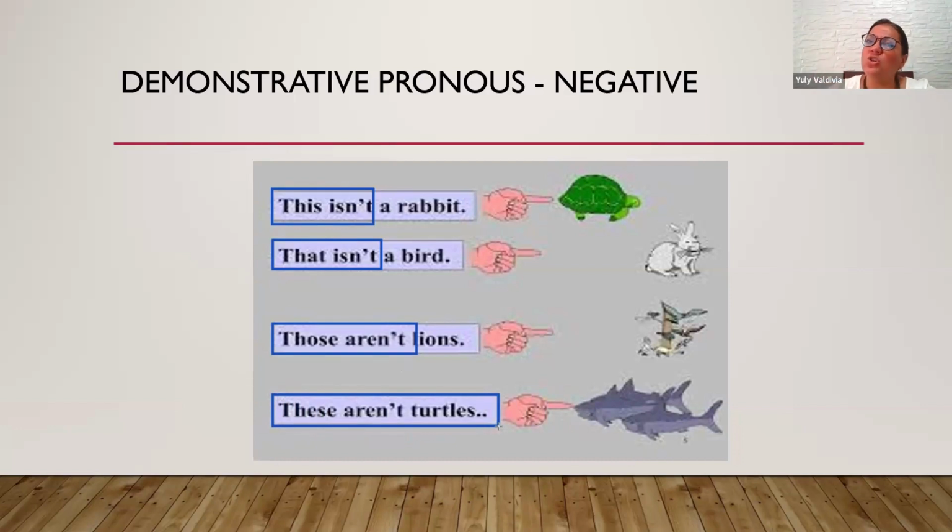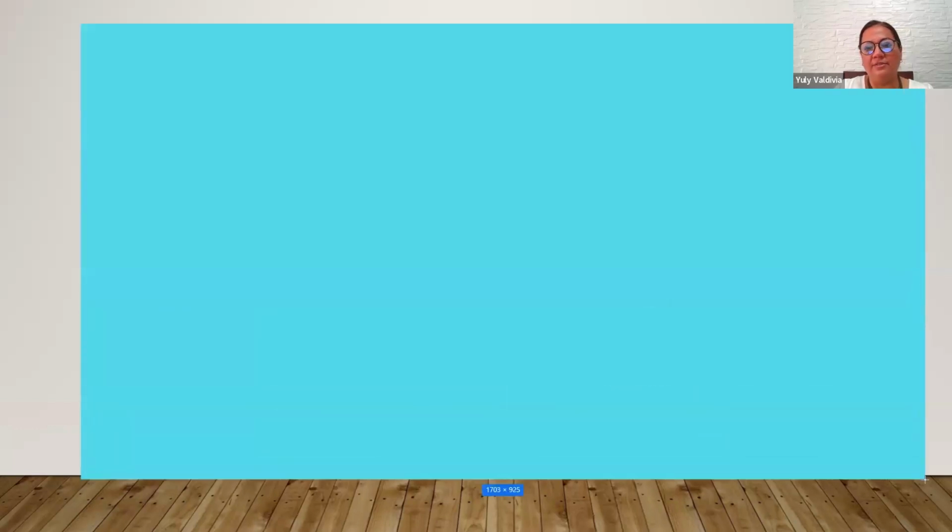So we also have the negative form. What about the question form? Guys, did you think about the question form? Okay, we have to follow the same rule that we use with the verb to be. Let's see. I'm gonna use something here for you to remember. How can we make it?